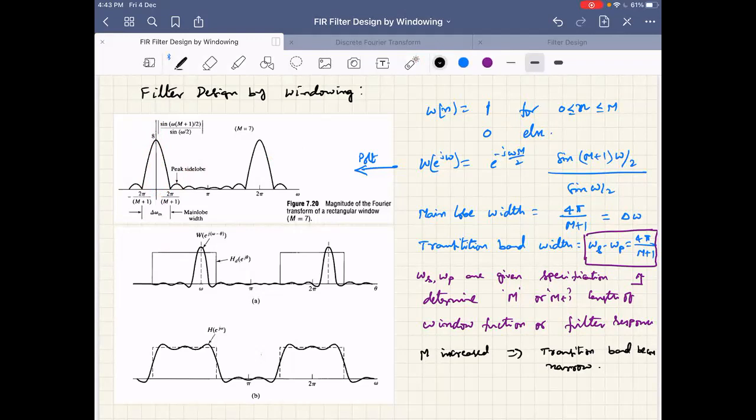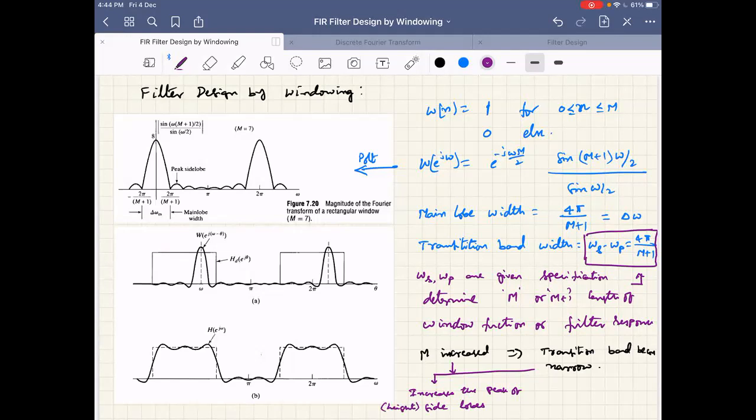So this in turn increases the peak heights of the side lobes.